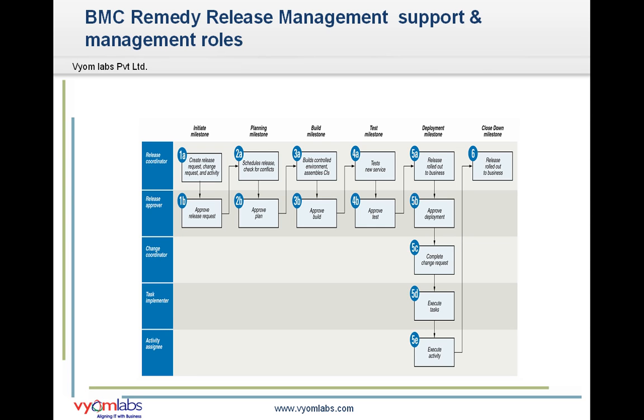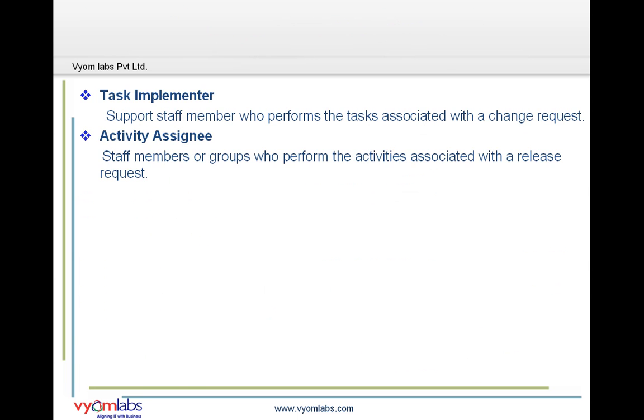Then, as we have discussed, the release can have multiple change requests, and for that we have the role of change manager. Likewise, a change request could have multiple tasks associated with it. So for that, we have the role of task implementer. The task implementer would be a support staff member who performs the task associated with a change request.